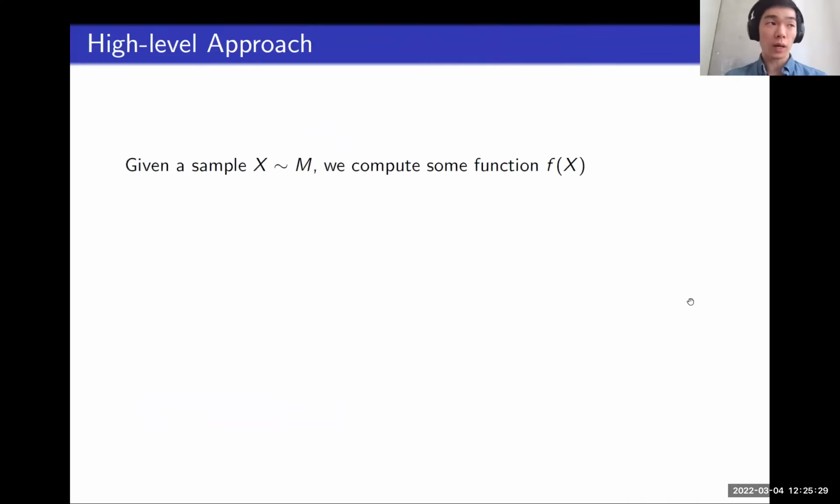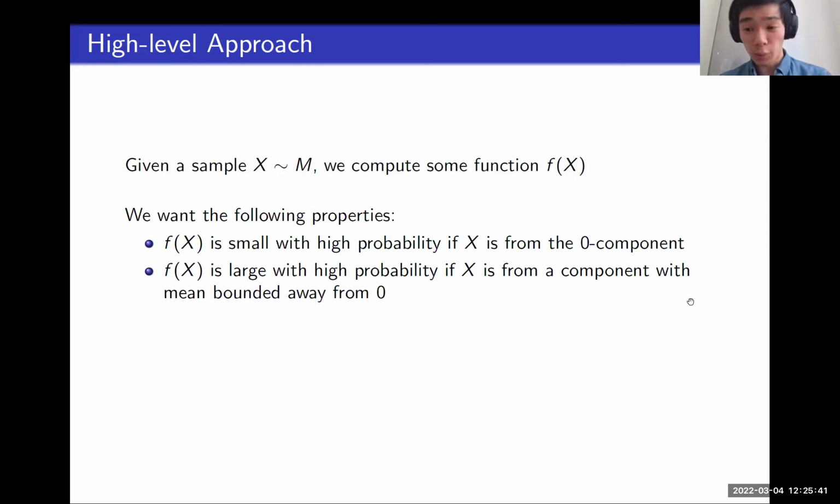So now, again, we want to solve this testing problem. We want to draw a sample from M and test whether it's from the mean zero component or from a non-zero-mean component. So we'll compute some function f. The properties that we want f to have, of course, are: if it's from the zero component, we want f to be small with high probability, and if it's from a non-zero component, we want it to be large with high probability.